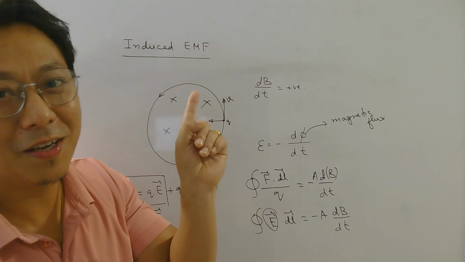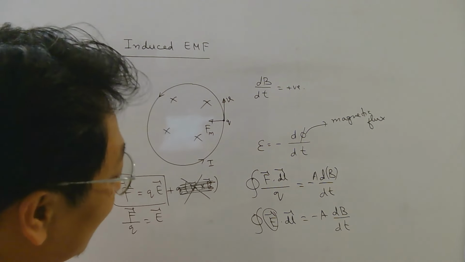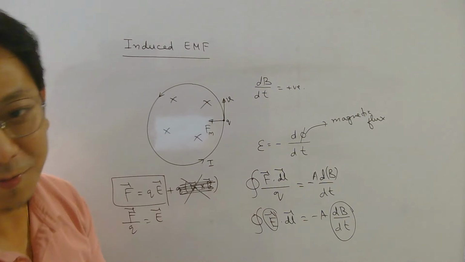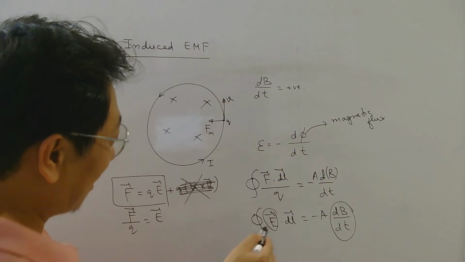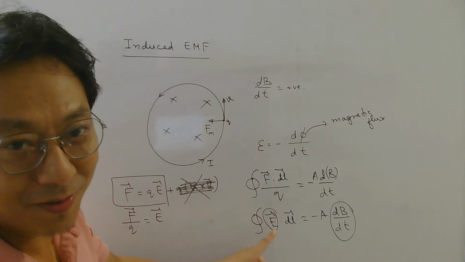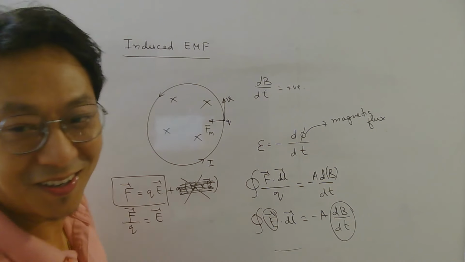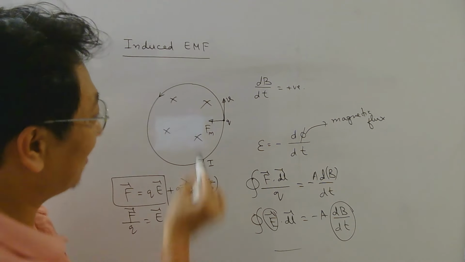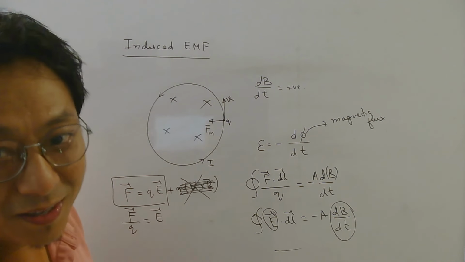That was electrostatic field created by charges. This is electric field which is created by changing magnetic field, right? And you can see the work done in a closed path due to this electric field is not zero. This is the work done per unit charge by the electric field in this closed path, and that is not zero.